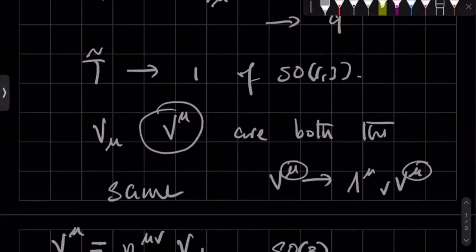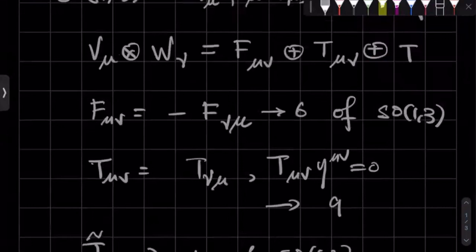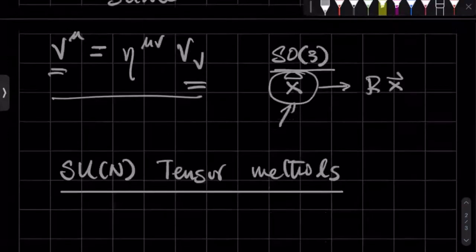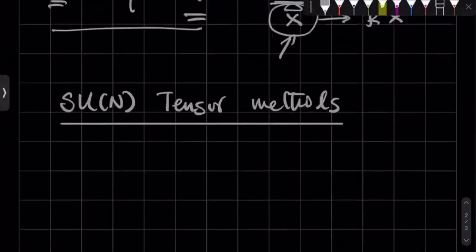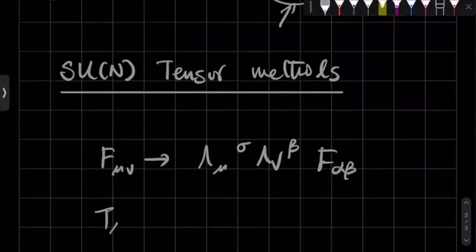Whereas this is a tensor representation, because under Lorentz transformation, F mu nu will go to lambda mu alpha, lambda nu beta, F alpha beta. And then T mu nu will go to lambda mu alpha, lambda nu beta, T alpha beta.